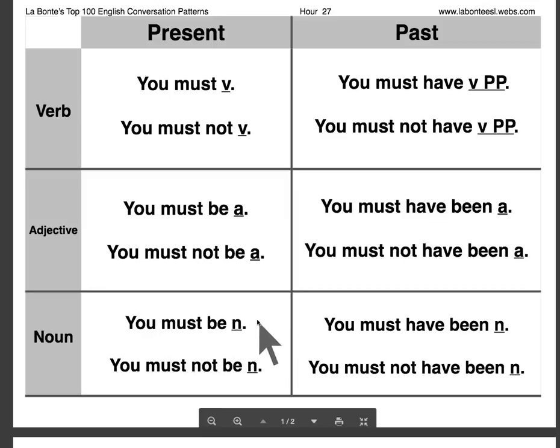You say, oh, they must be Japanese. I heard them talking. Anytime you guess, you're going to be using this pattern. It is one of the most beautiful patterns in English. If I ever hear a beginning student, without prompting them to use this pattern, I stand up and clap. They've mastered the art of asking a question by guessing.